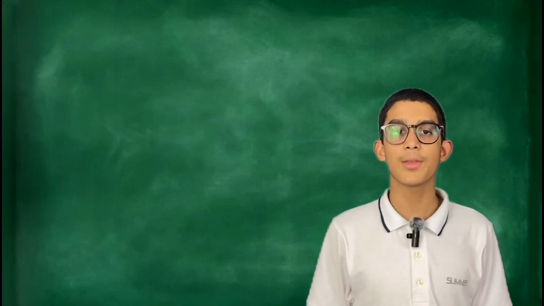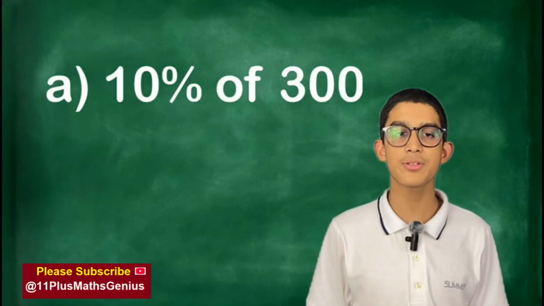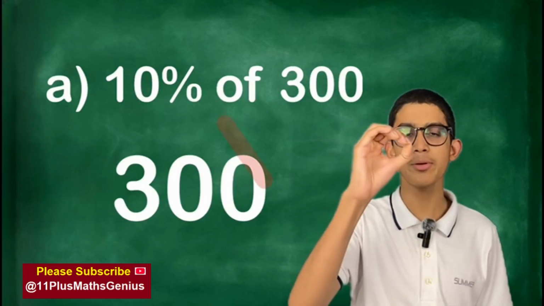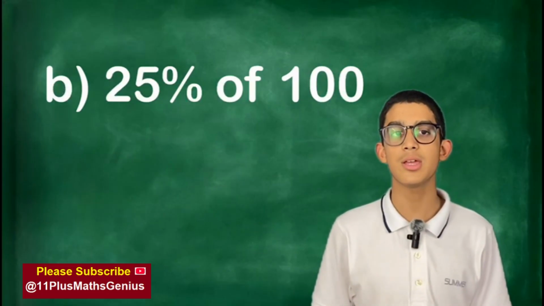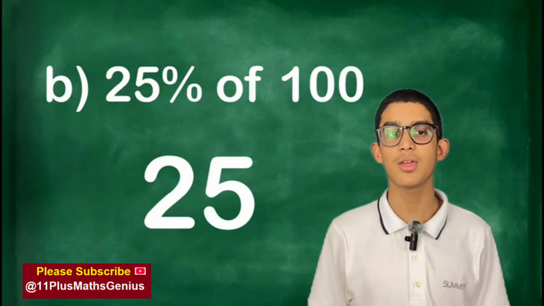Question number 3. You can solve it with mental calculation. A. 10% of 300 is 30. Just reduce a 0 from 300. B. 25% of 100 is 1/4 of 100, or 25.